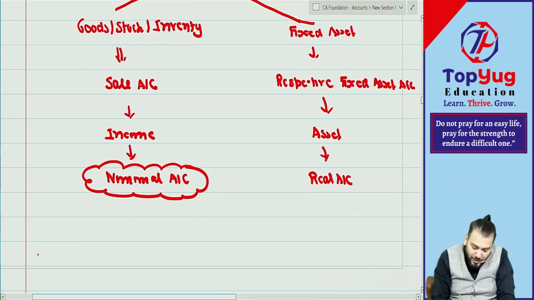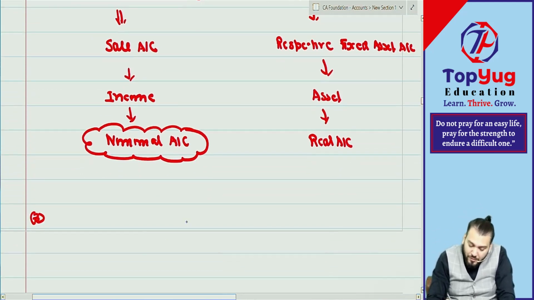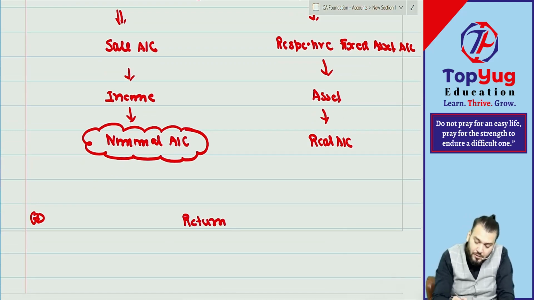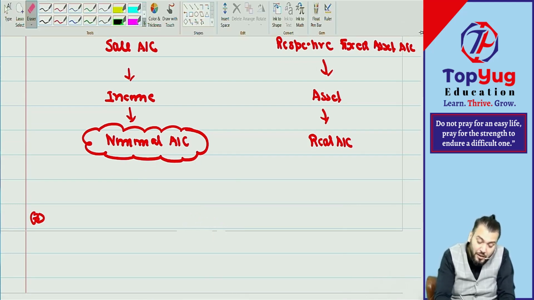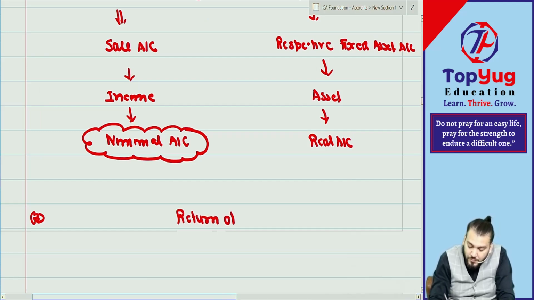Then coming to point number 3. If you have purchased some inventory, it might be returned. So there is one term, return of goods. We are discussing return of goods.